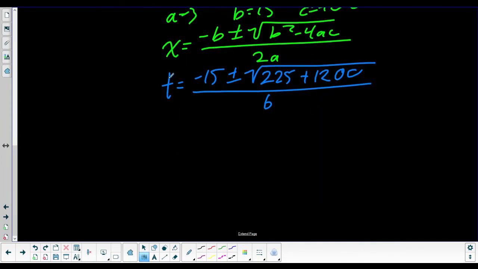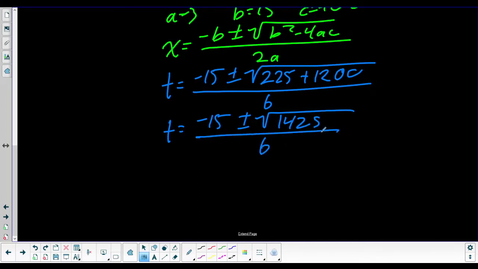At this point, we can simplify a little bit, and then we'll just use a calculator. Negative 15 plus or minus the square root of 1425 over 6.